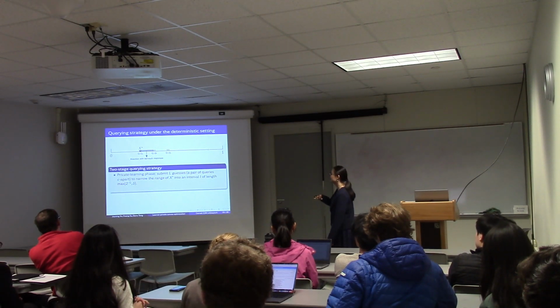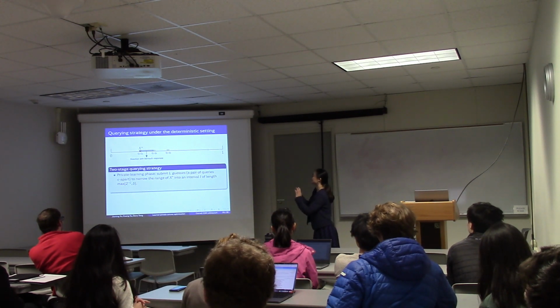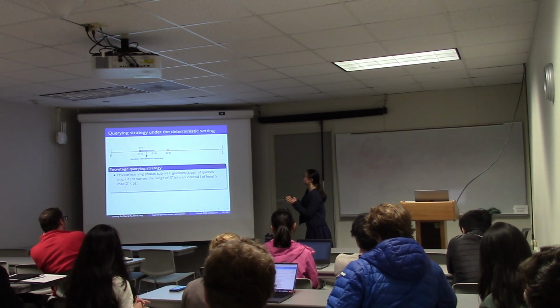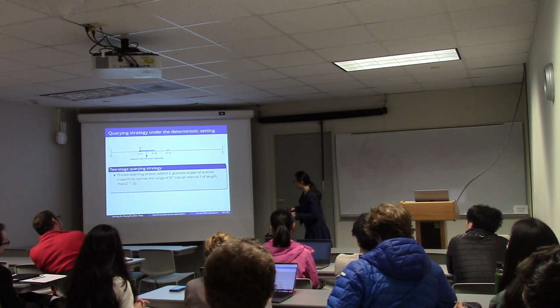The learner plants these guesses in a way such that all of them are at least delta apart. Now note that the learner wants to be efficient, so as they're submitting the guesses, they're also narrowing down the range of X star. After the L guesses, the learner should have narrowed down the range of X star into a small-ish interval.